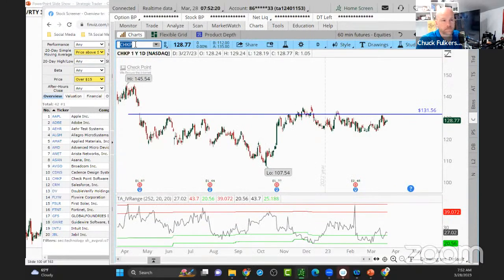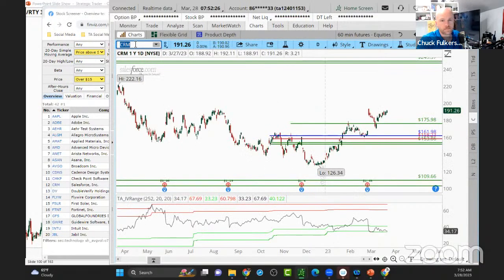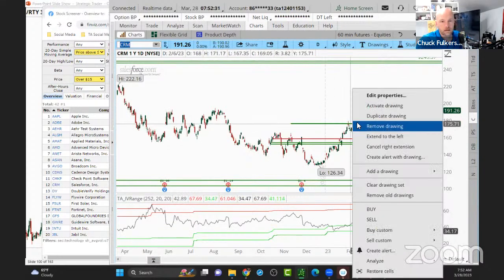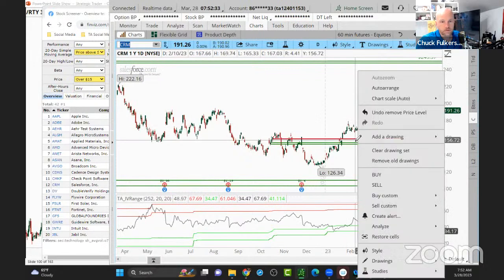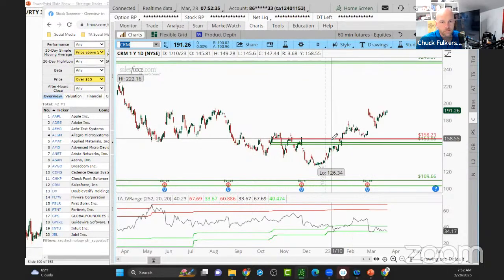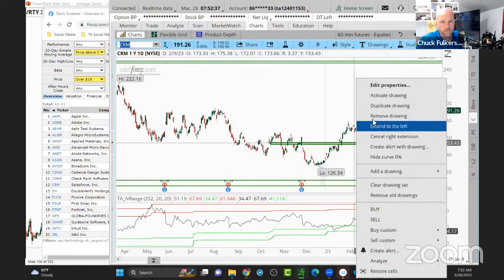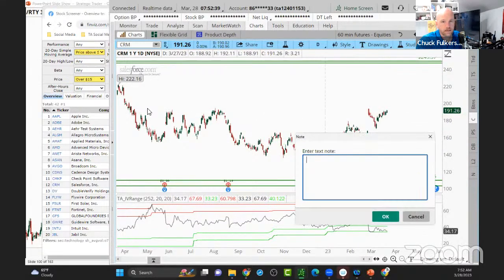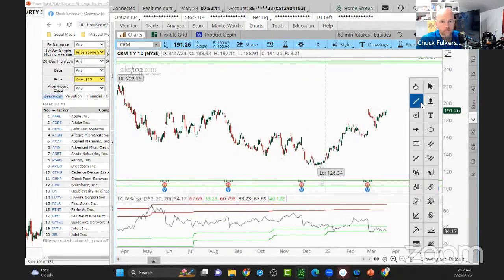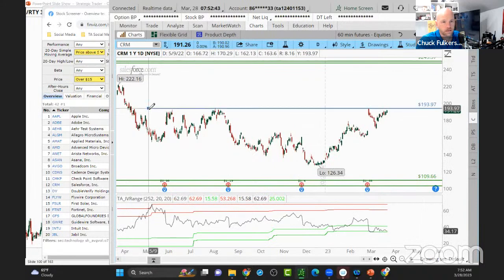Checkpoint. Nah, we've been going sideways for too long. Salesforce.com. Salesforce has been one of these stocks that we look at pretty regularly. And until we can get back up above here, Salesforce, we got to get back above there for Salesforce to make anything.